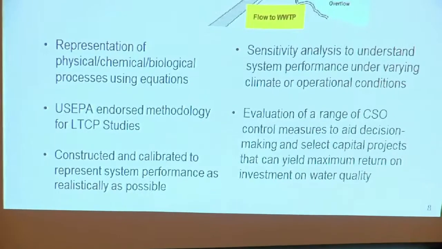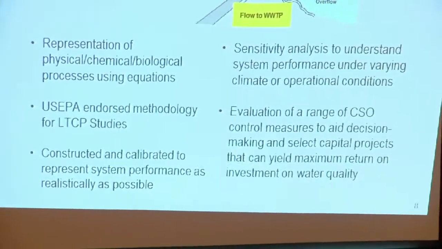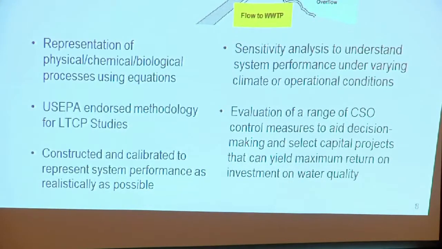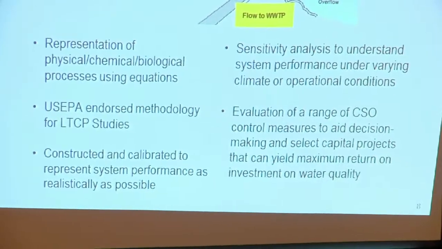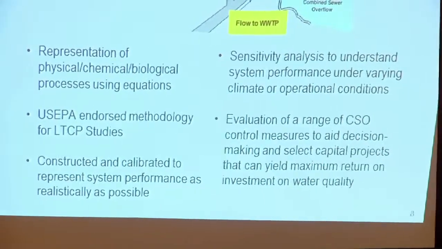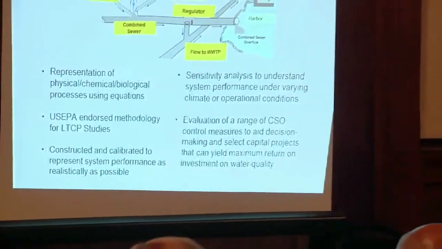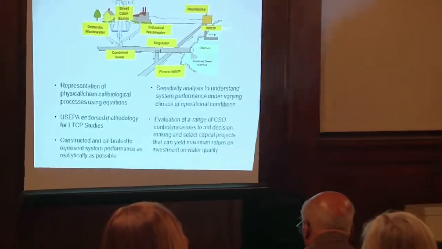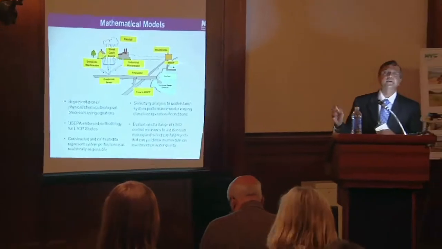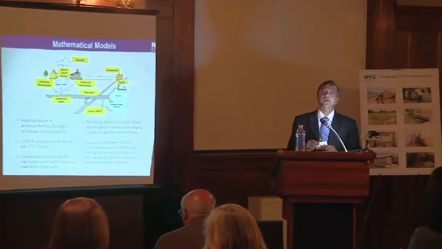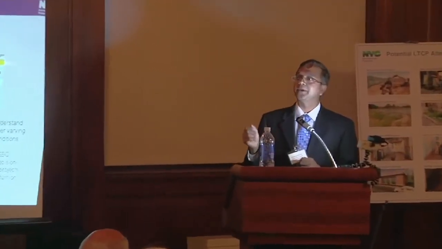So you need to do monitoring of your system, both within the sewer system as well as the waterway, to understand what the conditions look like for the specific rain events that you observed, and then use that as the information to set up the mathematical equations. And then once you construct the model, the next step is you can use it in a planning mode to look at what will happen within the system for a range of climatic conditions or operational conditions.